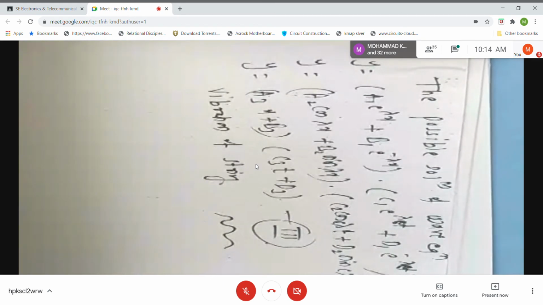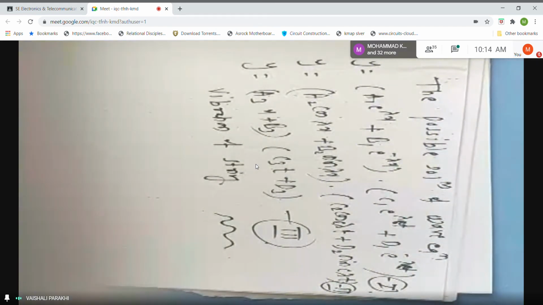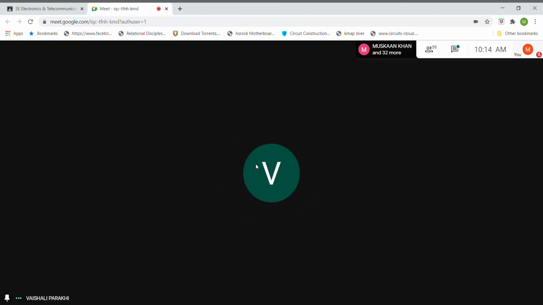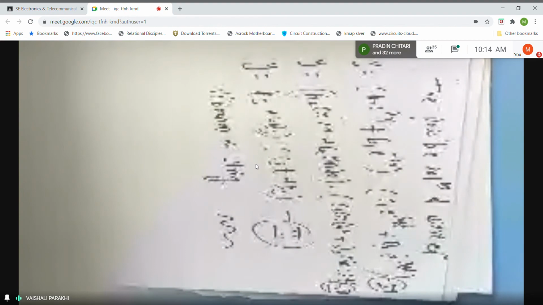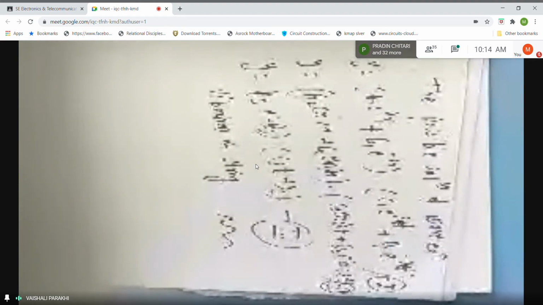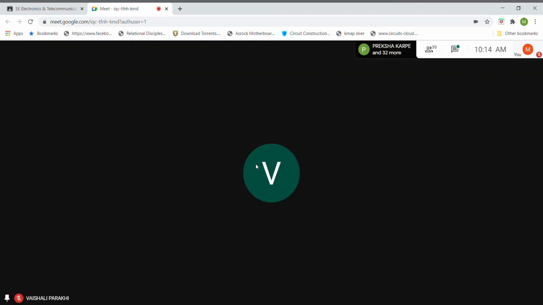When the word periodic function comes, can you guess, students, out of these three sets of equations, which set will be the required or possible solution for wave equation? Just look at all three equations. All three are not the solutions definitely.